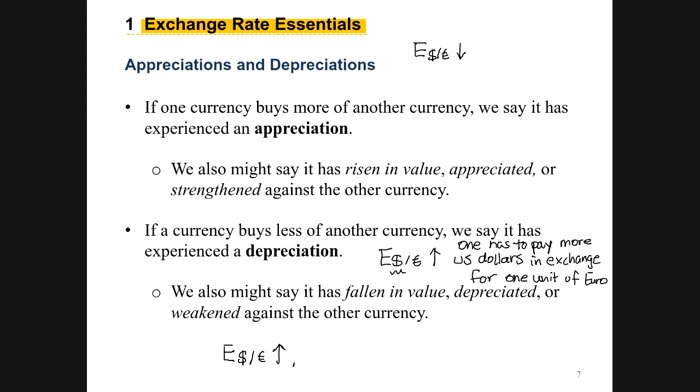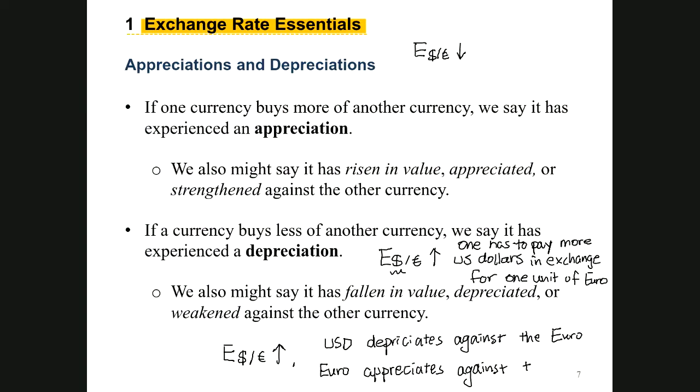And that means the US dollar depreciates against the euro. And this statement is identical to the euro appreciating against the US dollar. Is this clear?